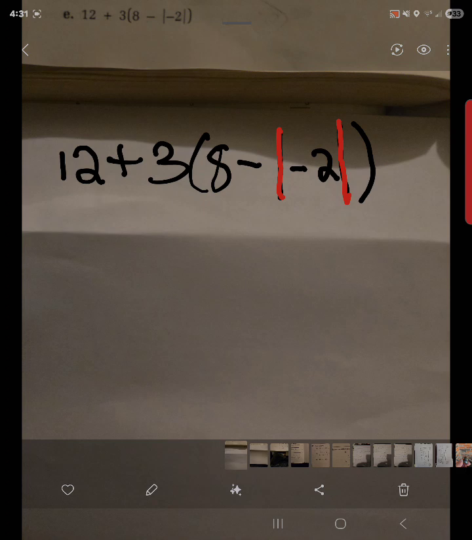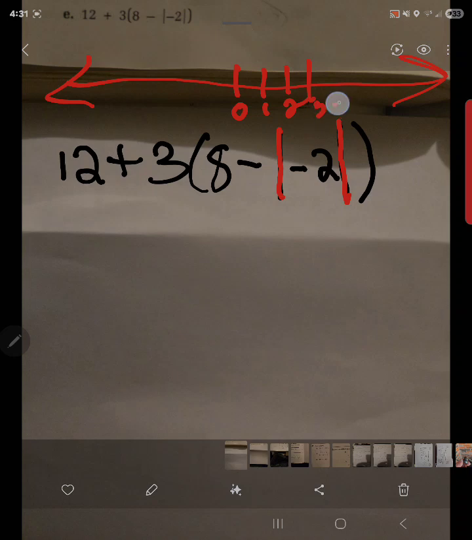Does that make sense? If I have a number line with 0 in the middle, and a 1, a 2, a 3, etc., and a -1, a -2, and a -3, and this is the absolute value of -2, well, where is -2? It's right there. How far away from 0 is it? It's 1, 2. So the absolute value of -2 is actually just +2.